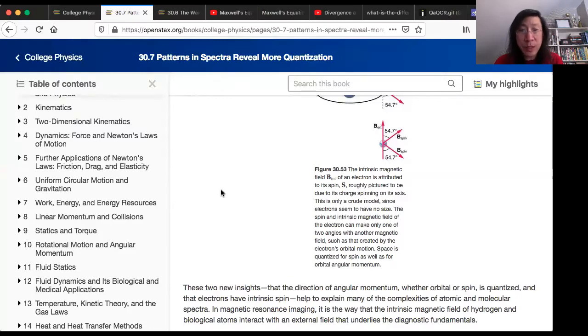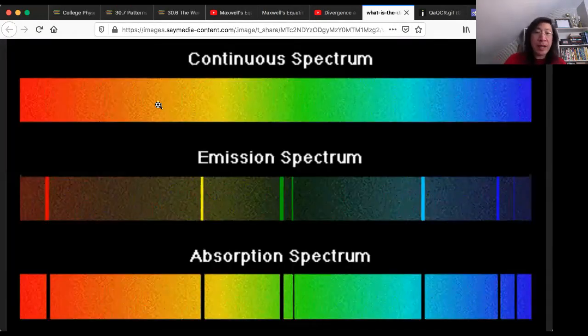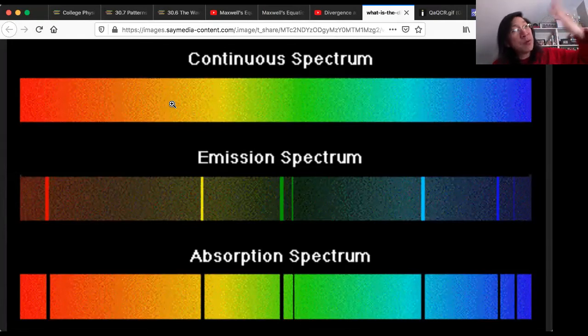We'll go back to this patterns in quantization, which we'll get back to in a second, but this textbook is very useful. Let me show you the pictures. If I take light from the sun, for example, coming through at me, it will have a continuous spectrum, because the sun is a hot object and it glows in all the different colors of the rainbow, all the different spectra are filled.